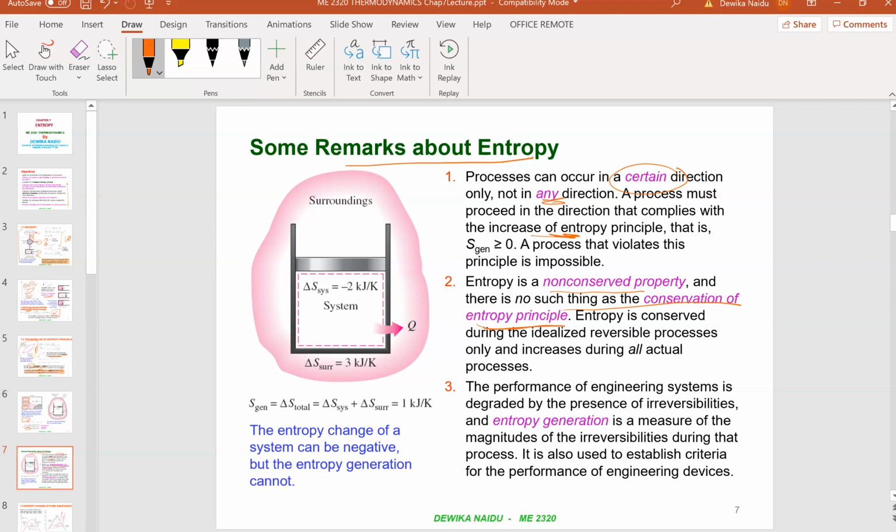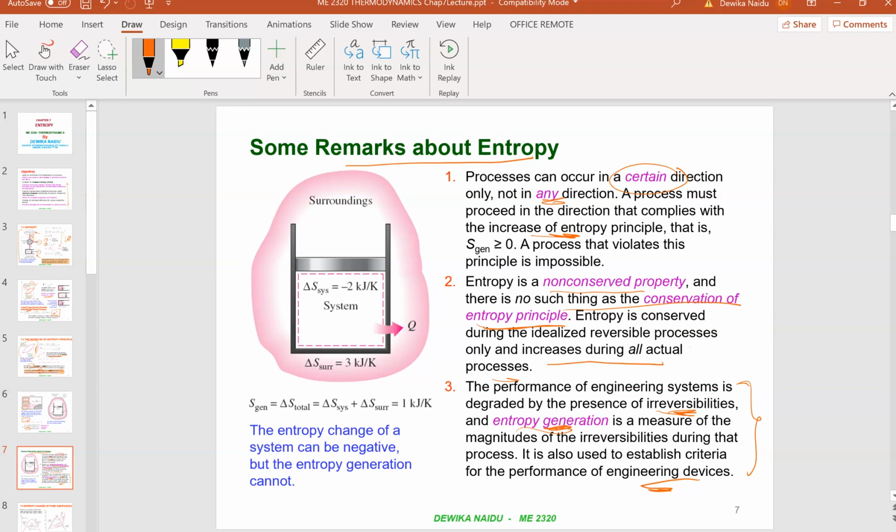Energy, yes, but not entropy. Entropy is conserved during idealized reversible processes only, and increases during all actual processes. The performance of an engineering system is degraded by the presence of irreversibility. This is the reason why we are studying this topic, because we need to calculate how much entropy can be generated, because that shows the performance of the engineering device itself.